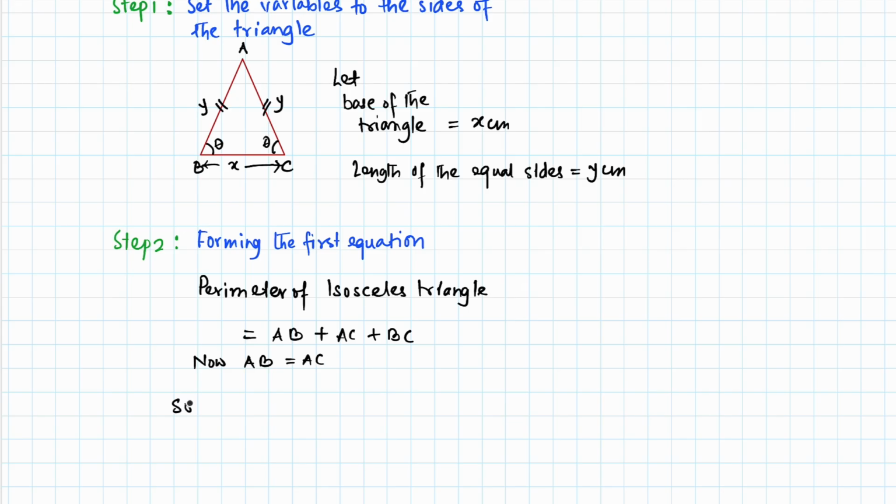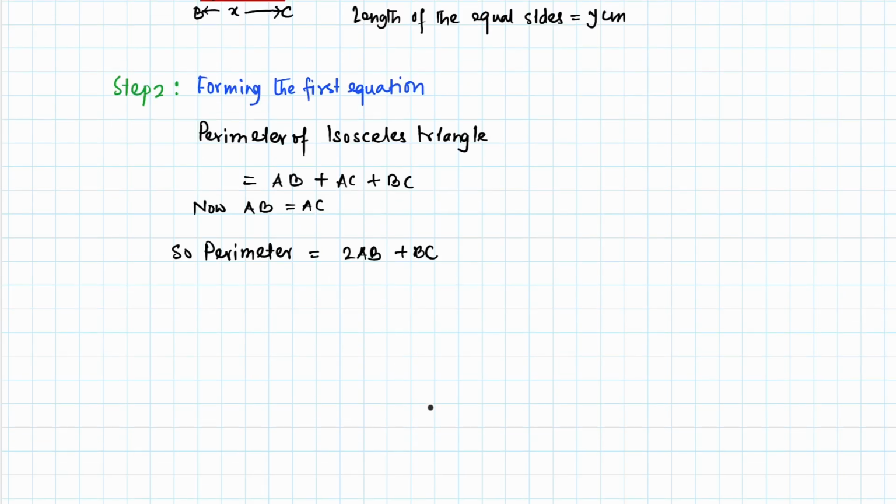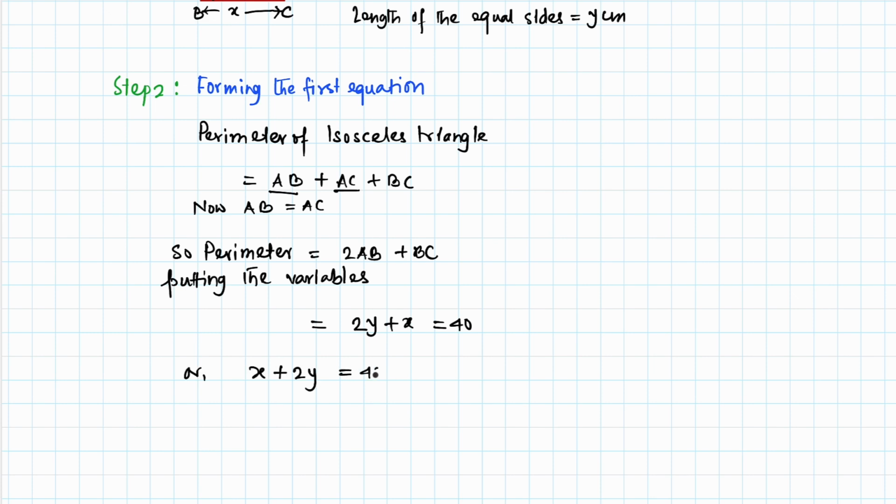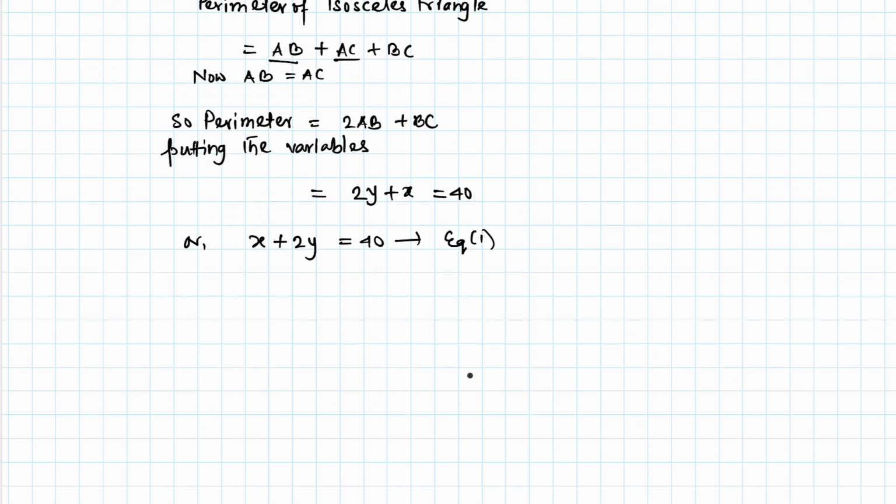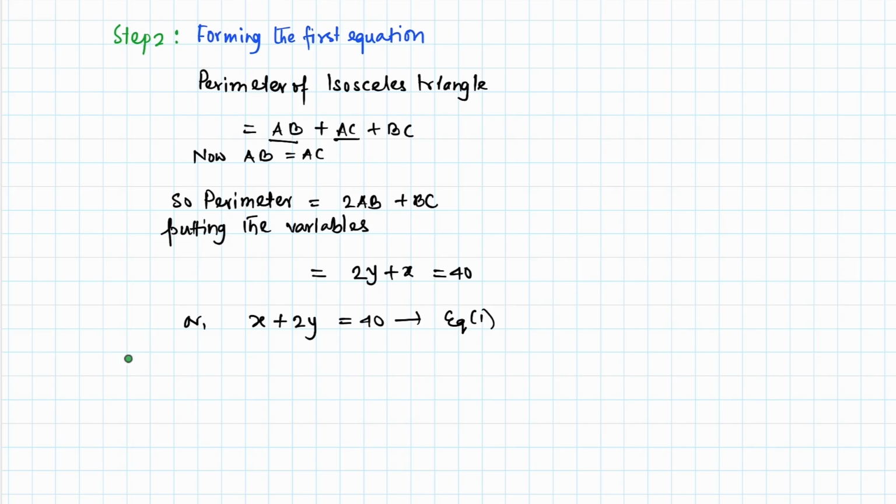Now AB is equal to AC, so the perimeter becomes 2AB plus BC. Now putting in the variables, 2y plus x is the perimeter, which is equal to 40. So x plus 2y equal to 40. So you got the first equation.